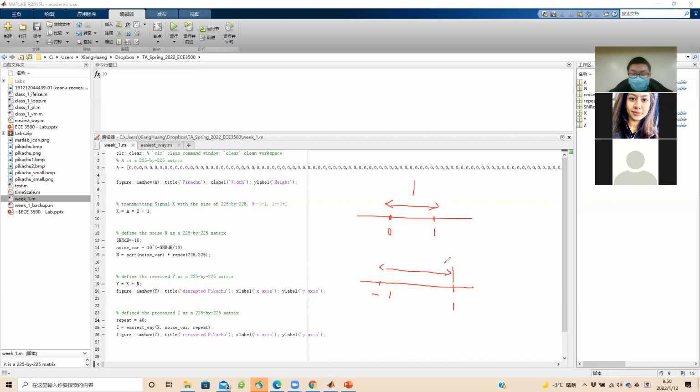It is larger, so this will help us reduce some noise.